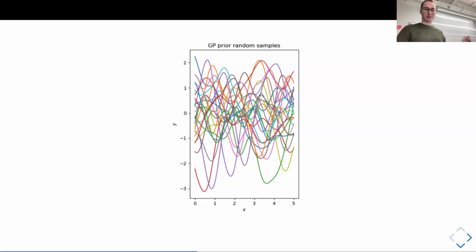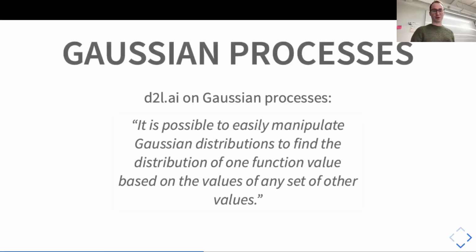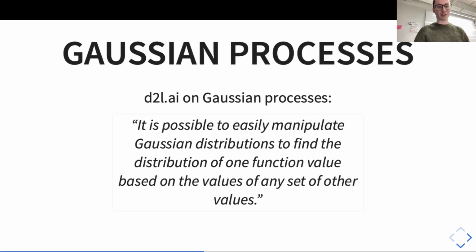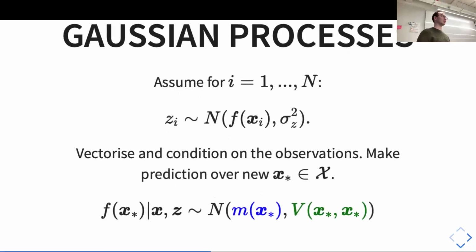Okay, so that's really pretty and colorful. What can we do with it? So the website goes on, it's possible to easily manipulate Gaussian distributions to find the distribution of one function value based on the values of any set of other values. So that's also a mess. But suppose we have 3 observations, Z1, Z2, and Z3.